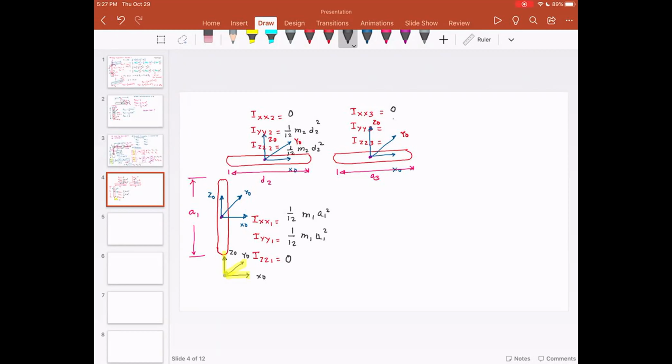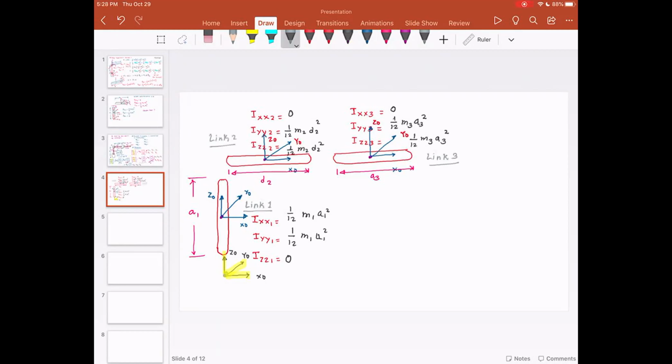This is 0, 1 by 12 M3 A3 square, 1 by 12 M3 A3 square. So now I have these XX, YY, ZZs for link 1. So this is my link 1. This is my link 2. And this is my link 3.